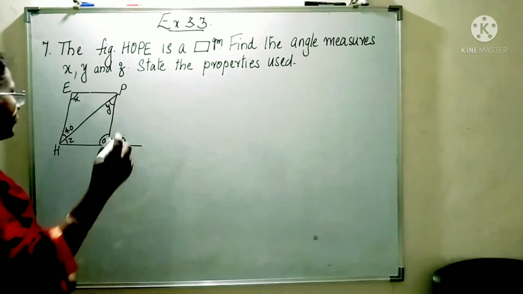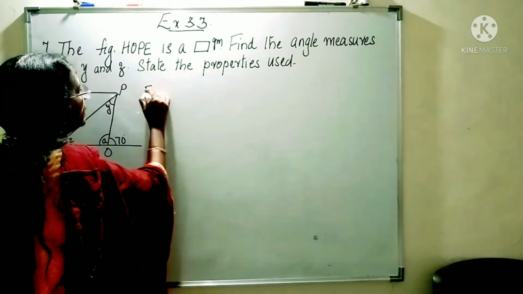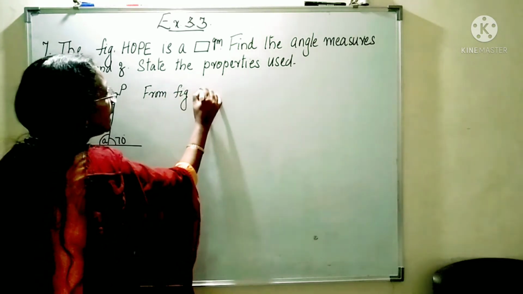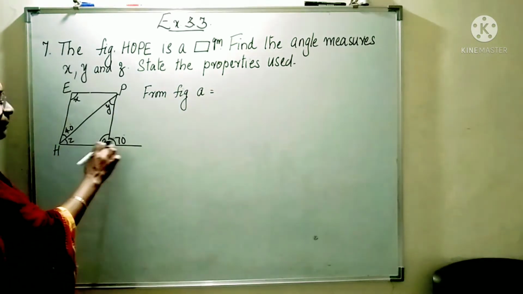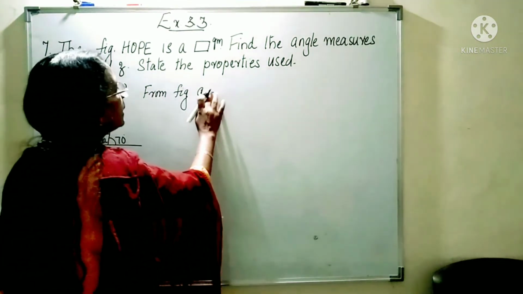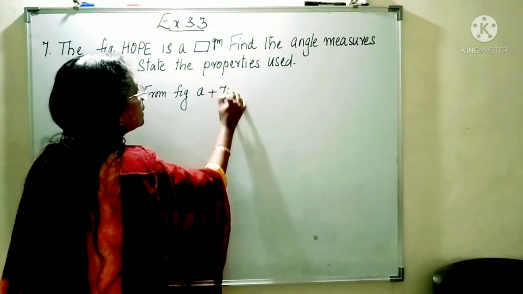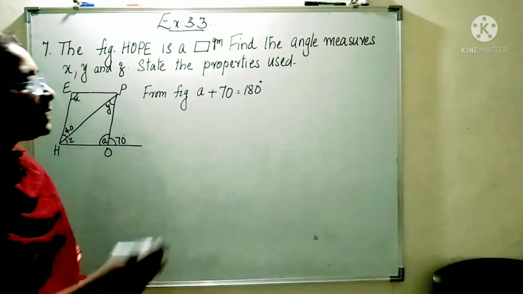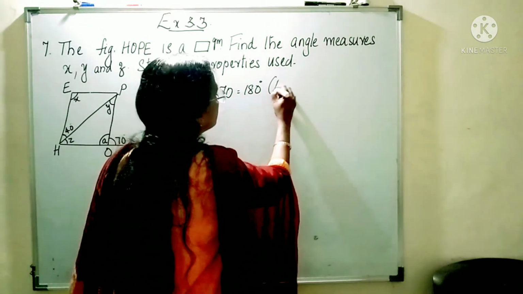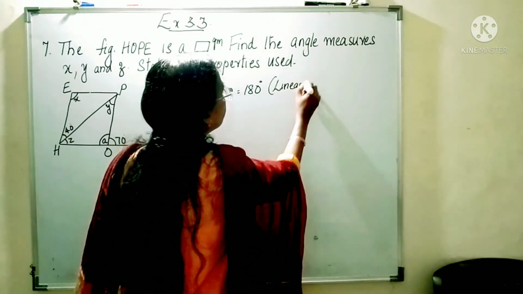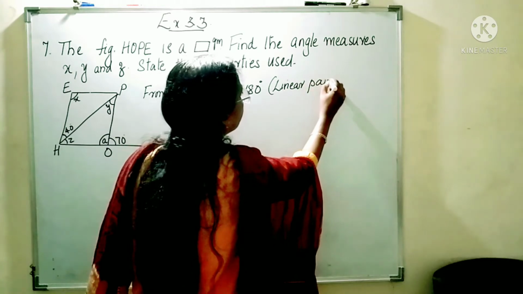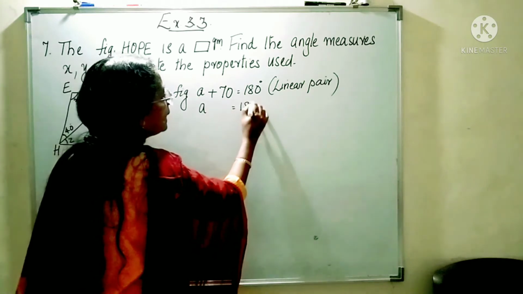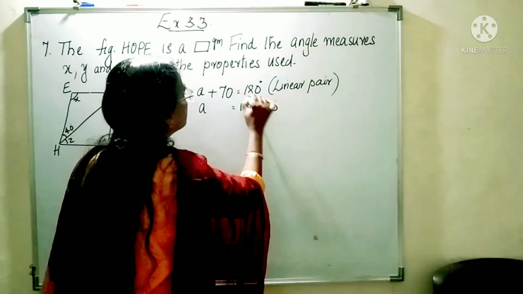So from the figure, you can write A plus 70 is equal to 180 degree. Which property? Linear pair. Now, what is the value of A? A is equal to 180 minus 70.